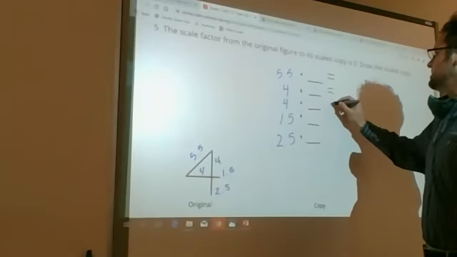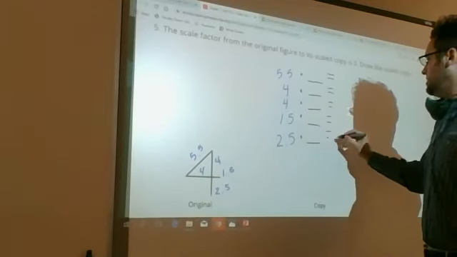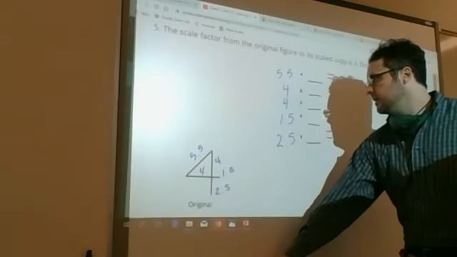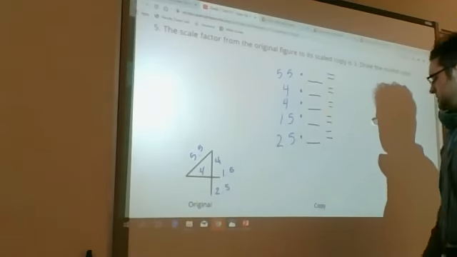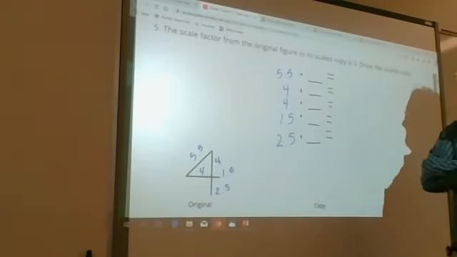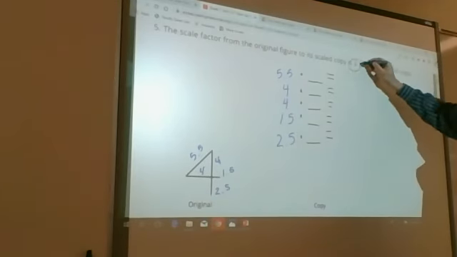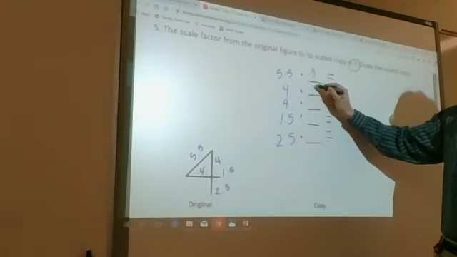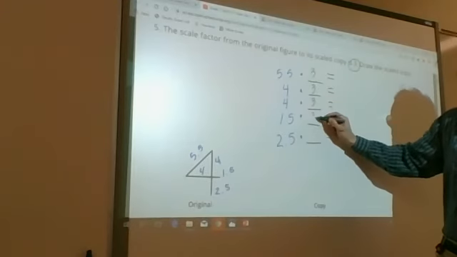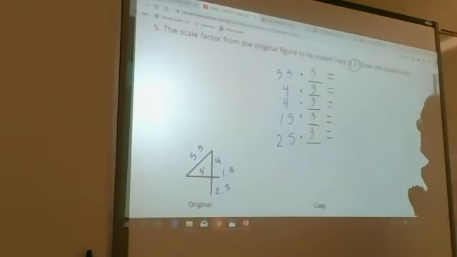So let's set up my multiplication scale table. And what is the scale factor? 3. Thank you. It's right here. 3, which means all of these have to be multiplied by 3.